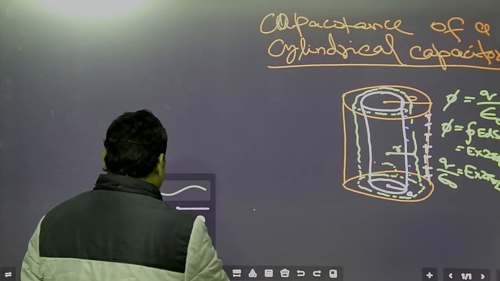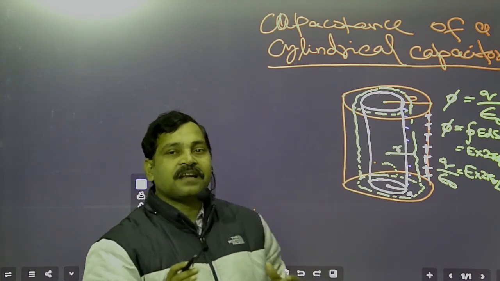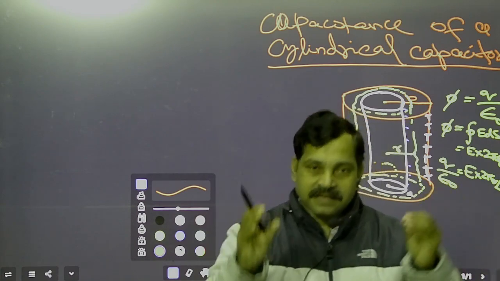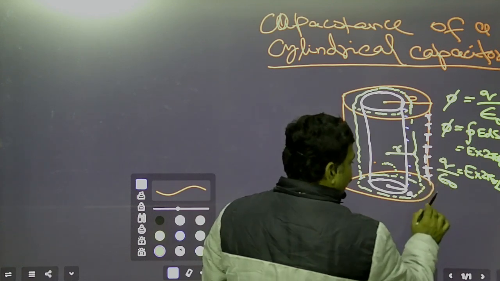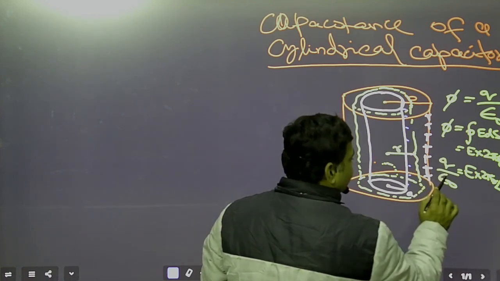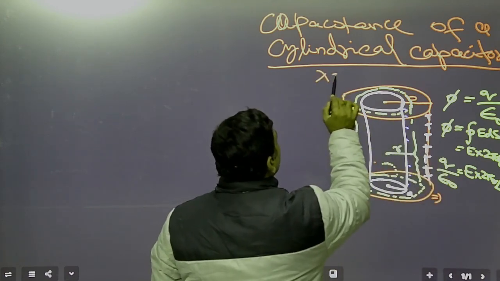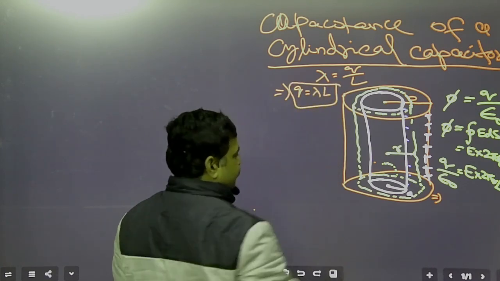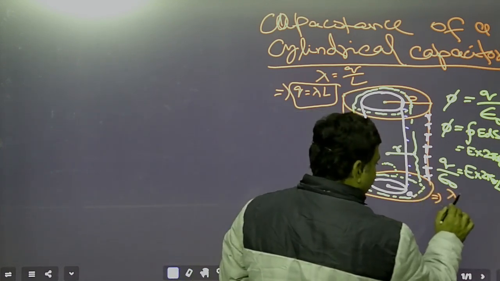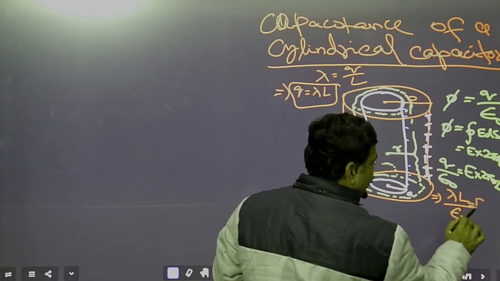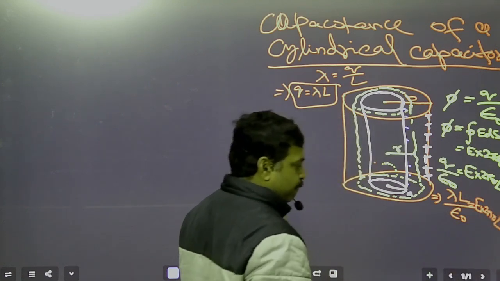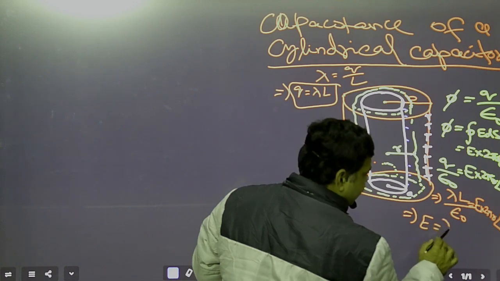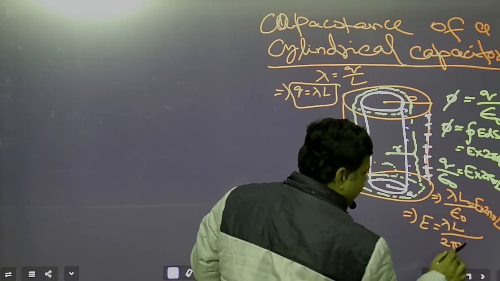Now you already know the type of charge distribution for a cylindrical surface is linear charge density, that means the charge is distributed lengthwise. So the total charge Q will be lambda into L, where lambda is Q upon L. So for Q we write lambda L upon epsilon naught, which is equal to E into 2 pi R L. Then E is equal to lambda L upon 2 pi R L epsilon naught.